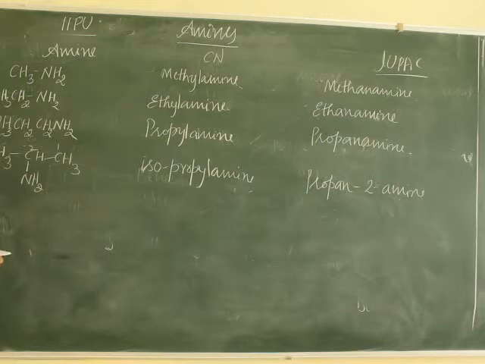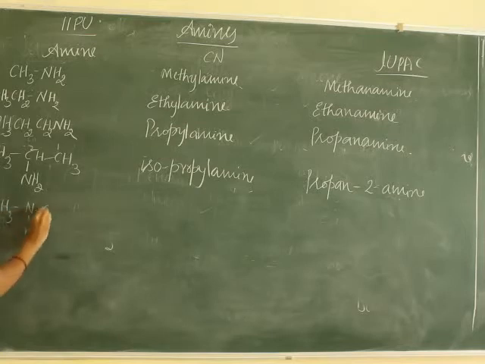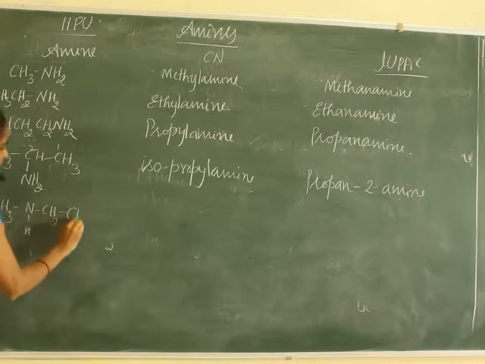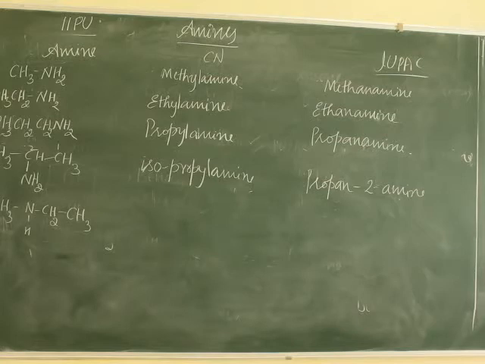Next compound is CH3NHCH2CH3. Here one methyl group is present, one ethyl group is present.